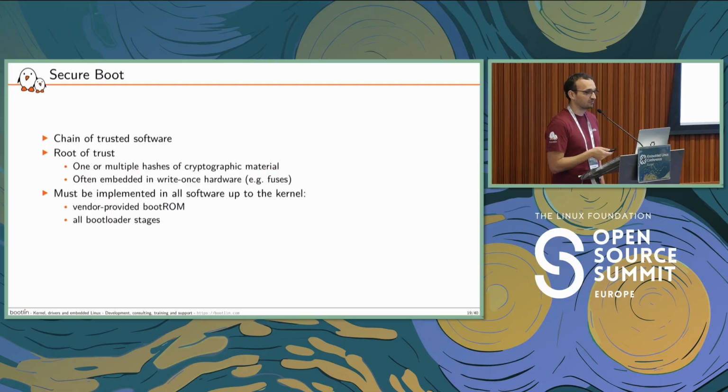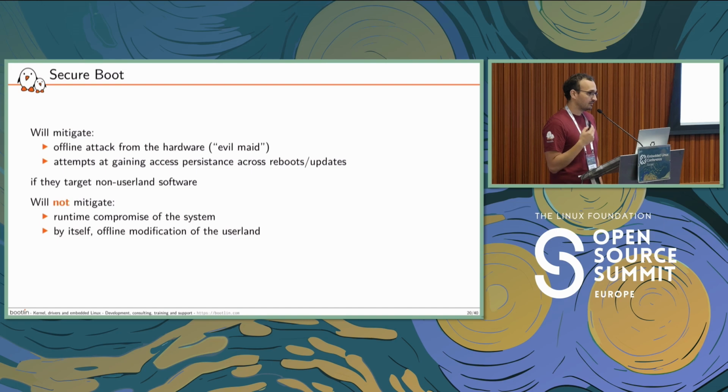The first element in this is the boot from the vendor. But you then have to have all bootloader stages participating in this. It will mitigate the same type of attack, where essentially I grab your hardware and I put my software on it that I would like it to run, and then I just boot it up and it works.